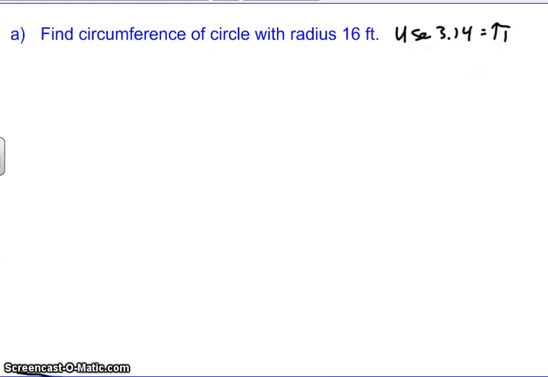Now, we're going to use what we know to find the circumference of a circle with radius 16 feet. Pause the video and come back and check your work. Tell me what the formula is. You're saying 2 pi r because we have been given radius, okay? So now tell me how to substitute.